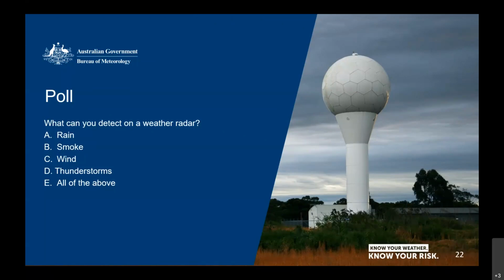So we base this on a standard atmosphere. Now, our atmosphere is very rarely standard. In fact, it's generally not, and so the radar is taking into consideration a standard atmosphere, and that is due to the atmosphere actually bending that beam upwards.